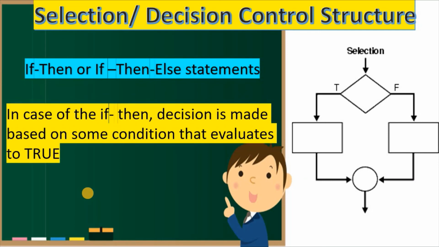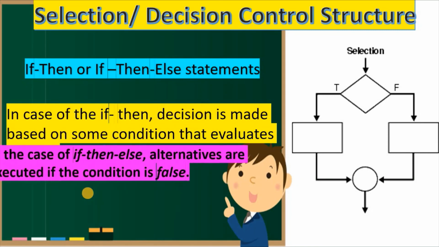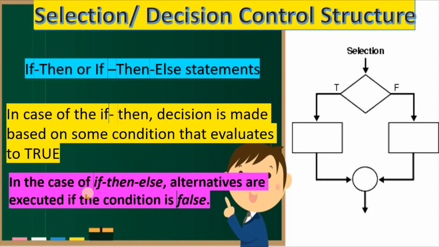So the example here, in the case of the if then statement, the decision is made based on some condition that eventually evaluates to true. The if then else statement is the alternative.